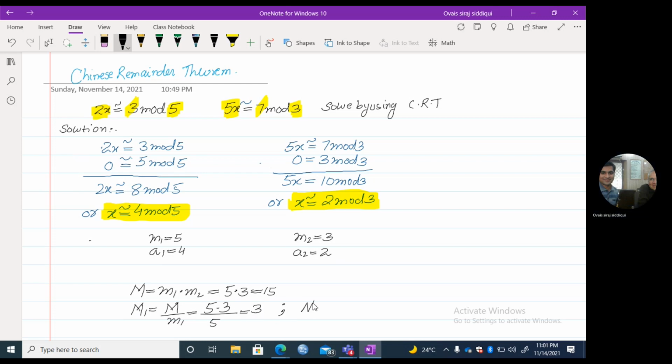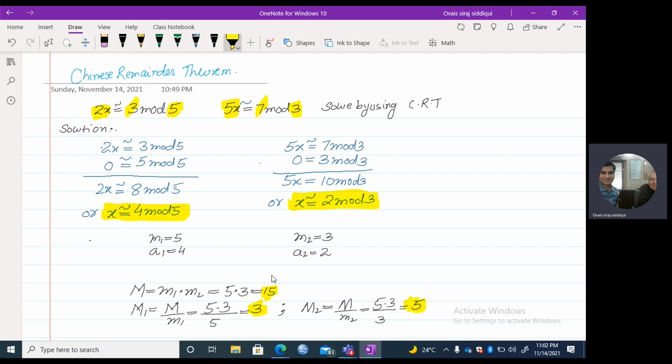Similarly capital M2 is equal to capital M divided by m2, 5 times 3 divided by 3, that would be 5. So finally we have capital M1, capital M2, and capital M.